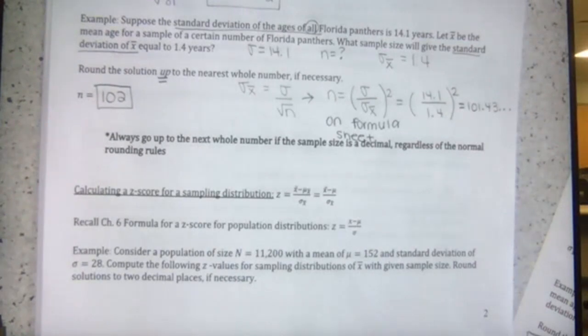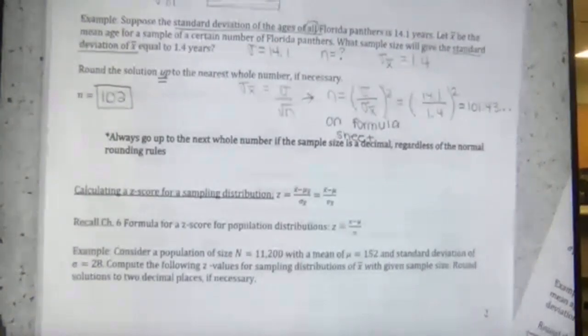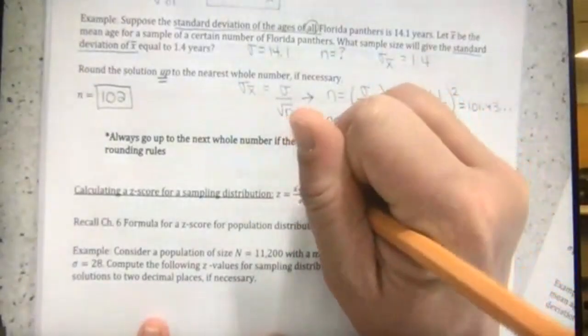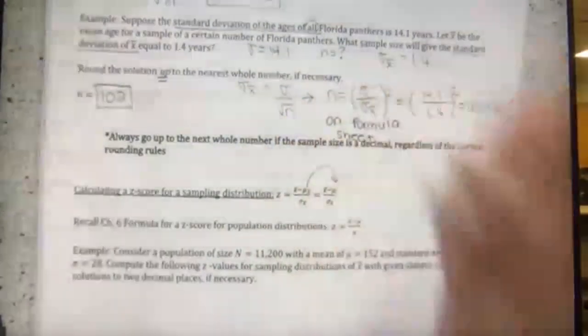All right, so going back now to chapter 6. It says calculating a z-score for a sampling distribution. So we have z equals x bar minus our sampling mean, all over sigma sub x bar. Remember that our population mean is the same as our sampling distribution mean.